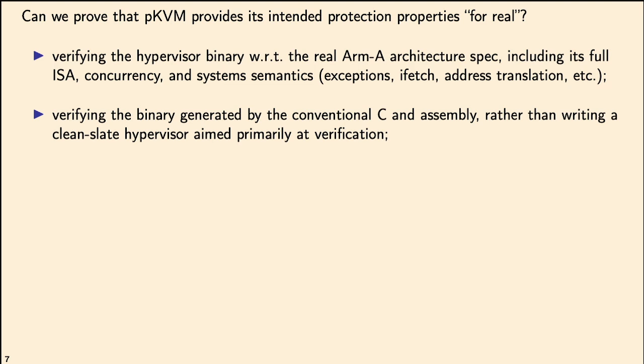It'd be nice to verify the binary that the Google devs off in their office near King's Cross are actually producing, which is built using C and embedded assembly and Clang and lots of tools, which they are not going to change. Arguing that those people should switch to use Concert, for example, that's a non-starter.